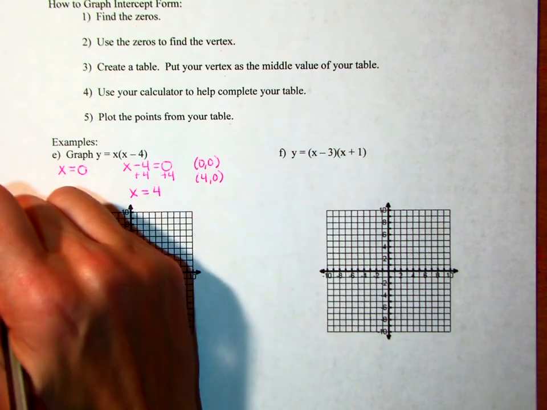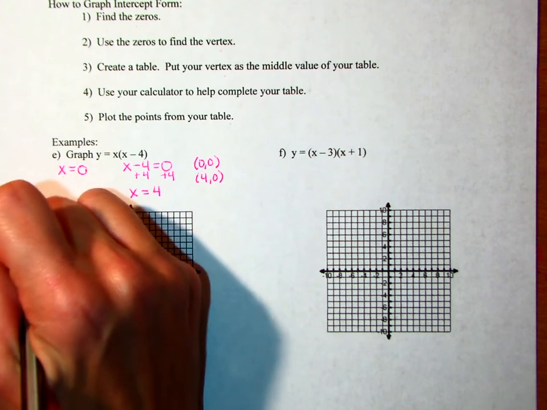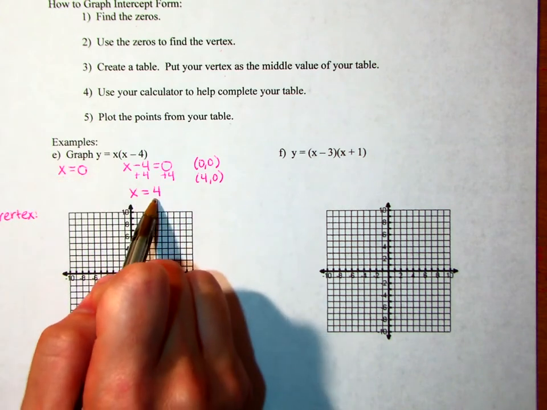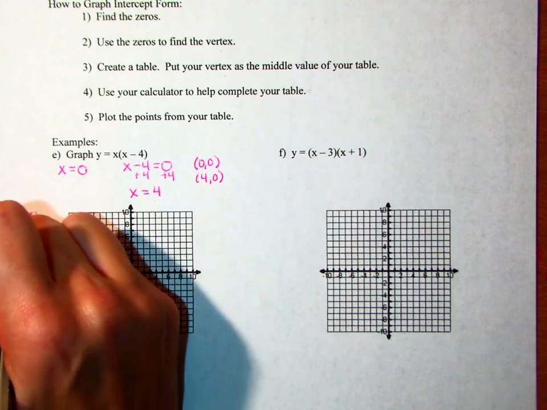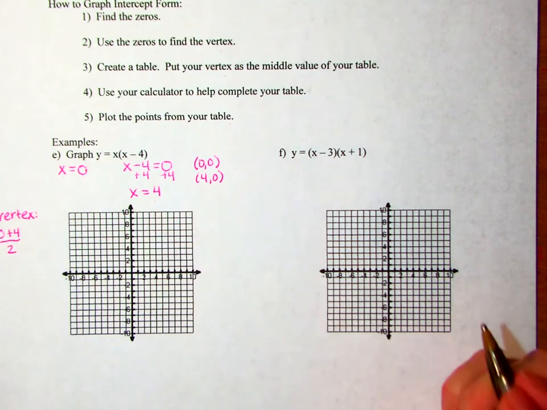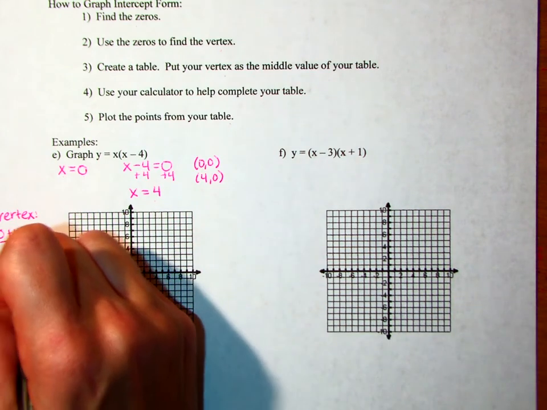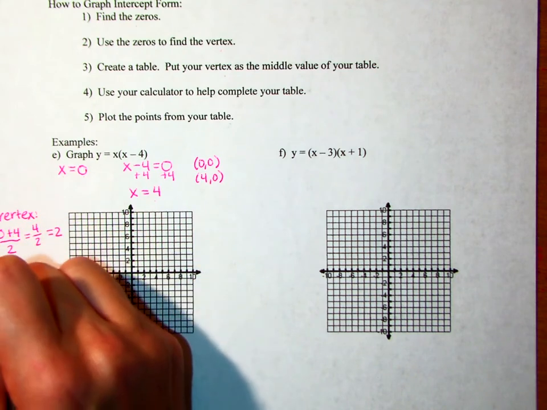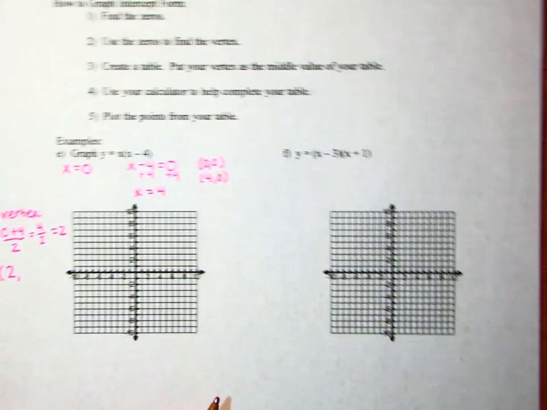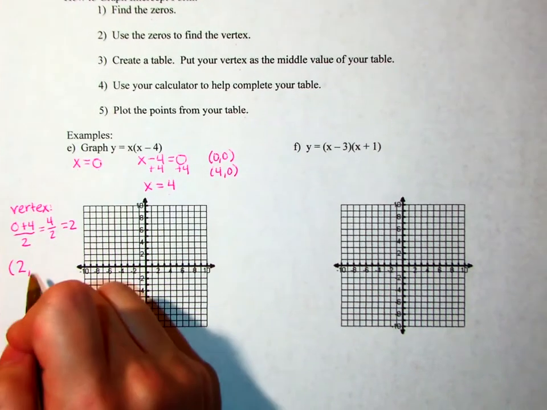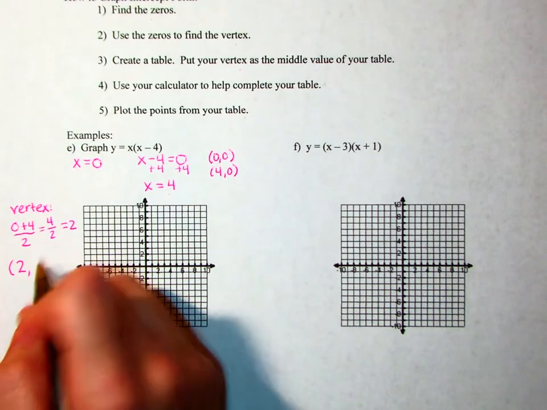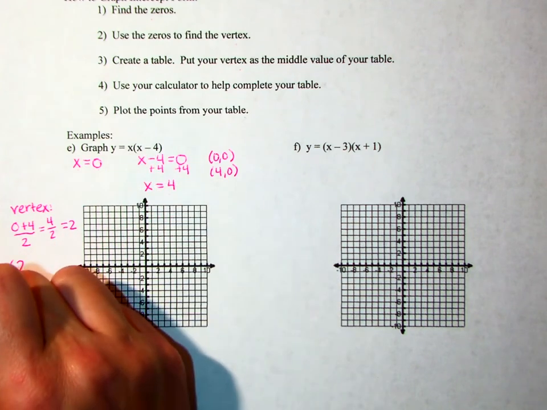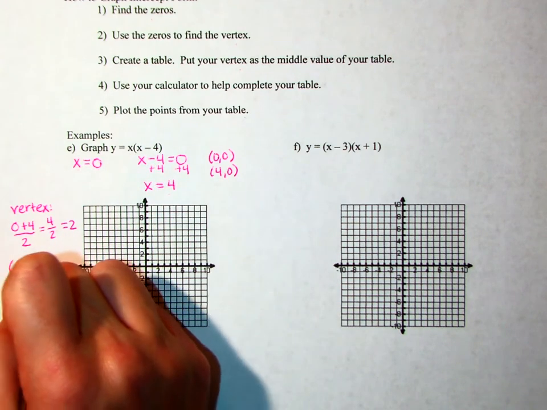Now we're going to find the vertex. Remember, to find the vertex, we average my 2 zeros together. So we add the 2 numbers together and divide by 2. 0 plus 4 is 4, and 4 divided by 2 is 2. That's the x part of my vertex. From here, you plug that into the equation y equals x times x minus 4.